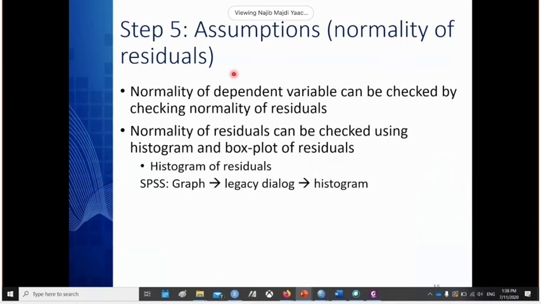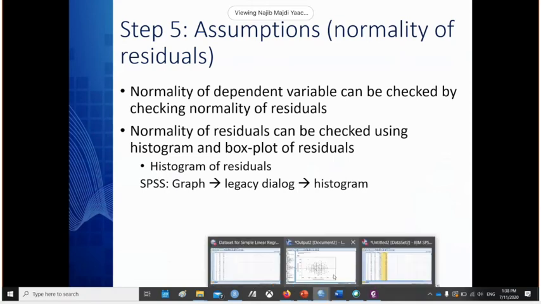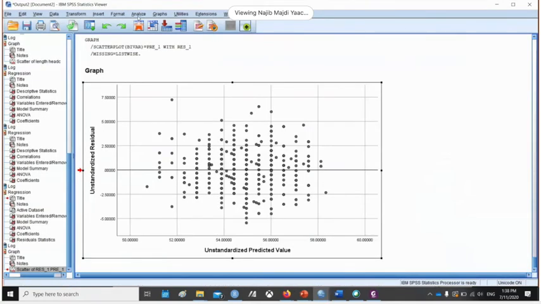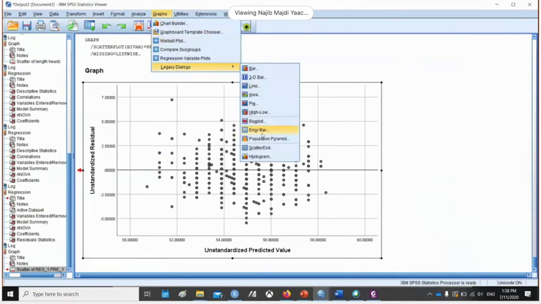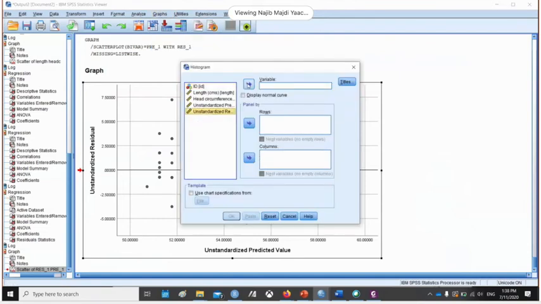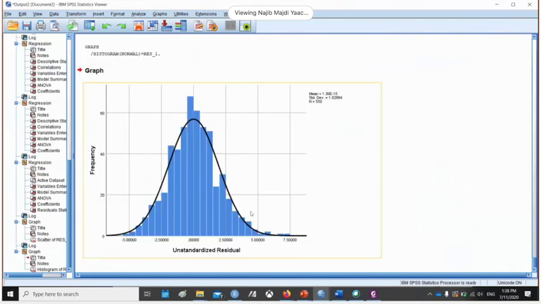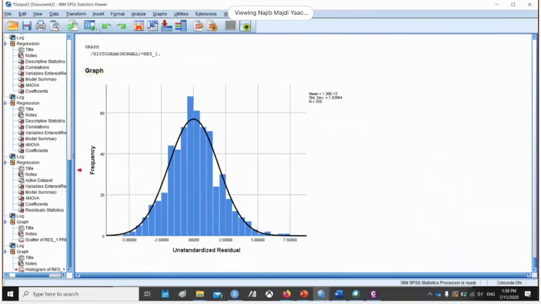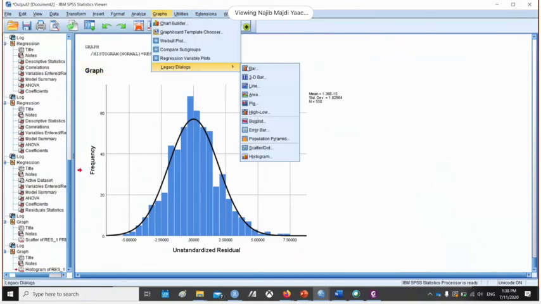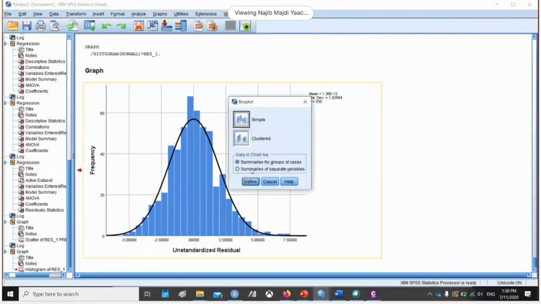So the second plot you need to plot is to check the normality assumption. You need to check the assumption of normality based on residual. So just plot a histogram of the residual with normal curve. It shows a nice bell-shaped curve indicating normality of residual. Another graph is the box and whisker plot of the residual.